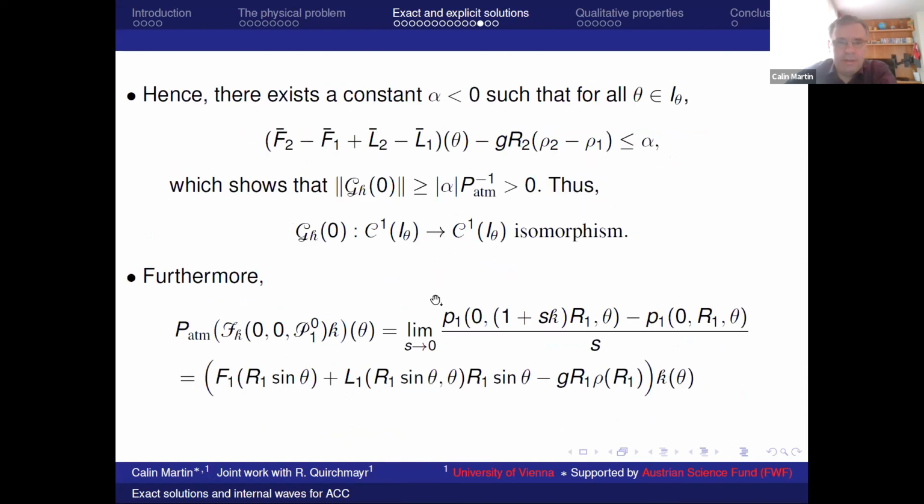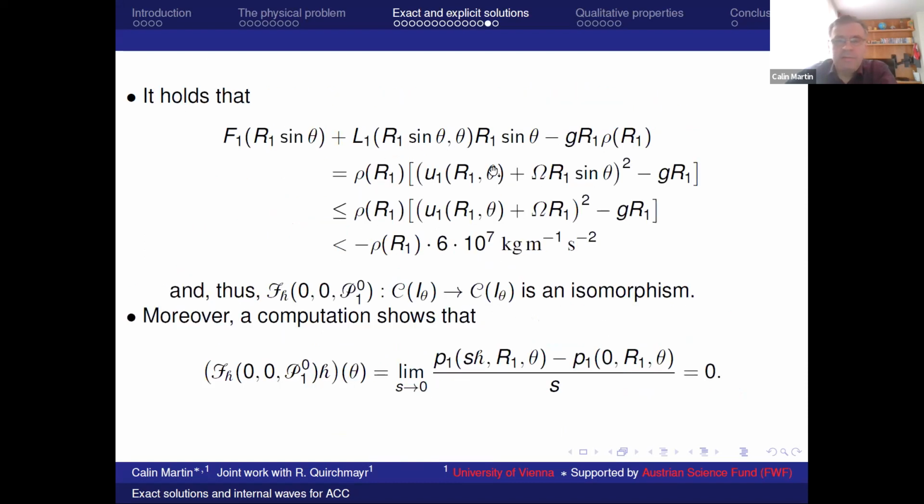calligraphic F. It turns out that this is something similar, a function that involves F1, L1, and by using similar reasoning, appealing to the fact that this u1 does not exceed 1 meter per second, and comparing with this omega times r1, it turns out that this is also some negative quantity. So this would imply that this is an isomorphism.